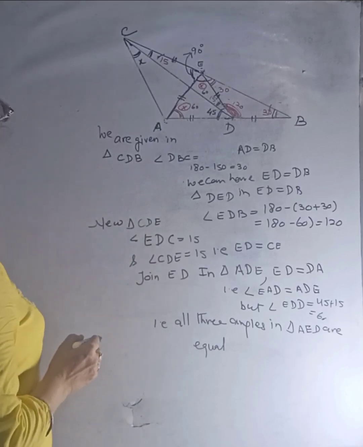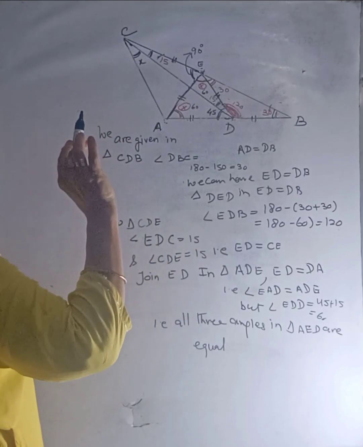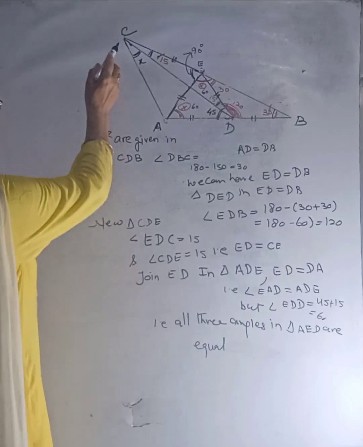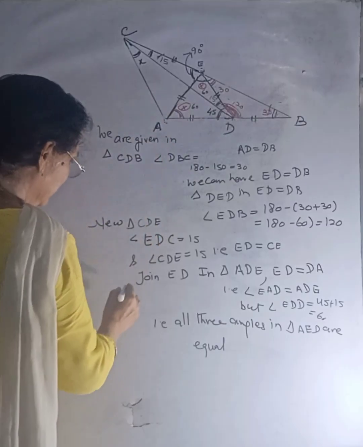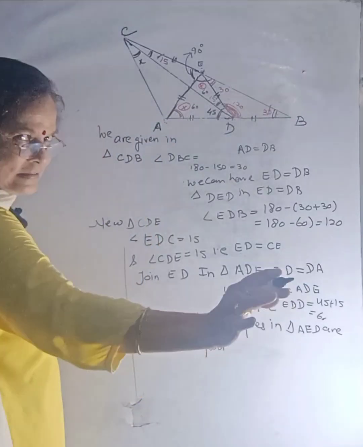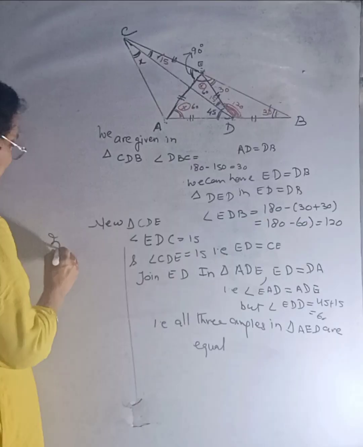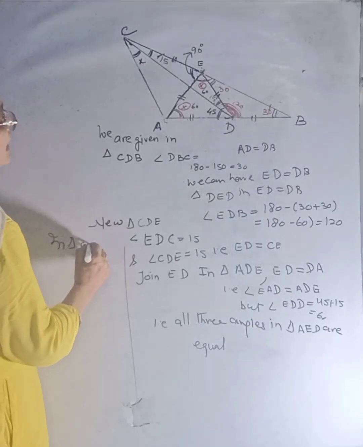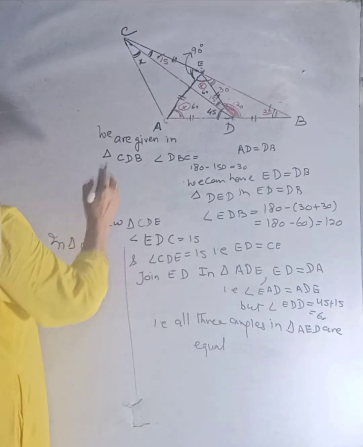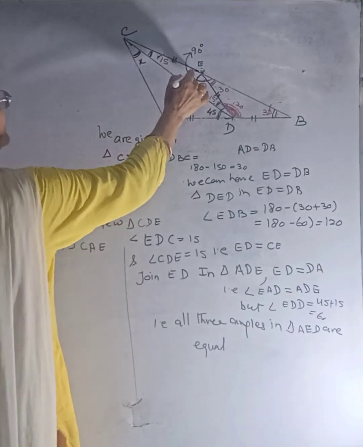Now, again, in triangle CAE. Now, this is the last. In triangle CAE, this is 90.